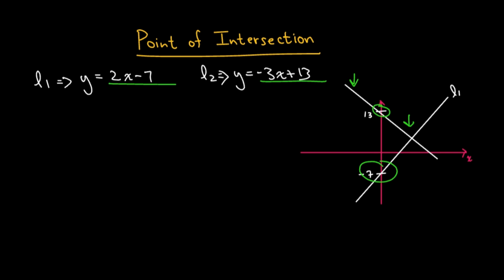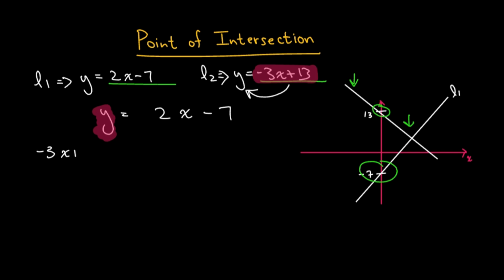If I consider the equation of line L1, which is y equals 2x minus 7, I can replace this y with -3x plus 13, since the value of y from line L2 is -3x plus 13. So -3x plus 13 is the same as y, which equals 2x minus 7.